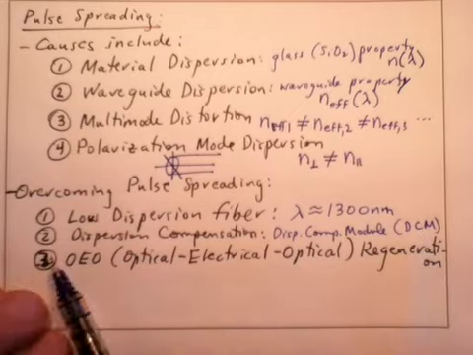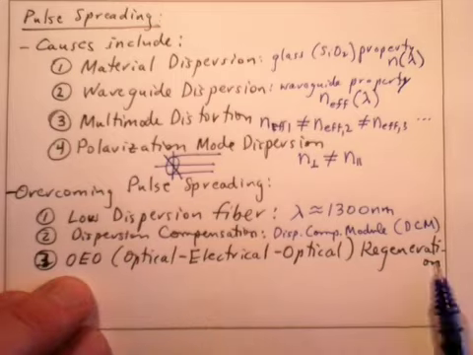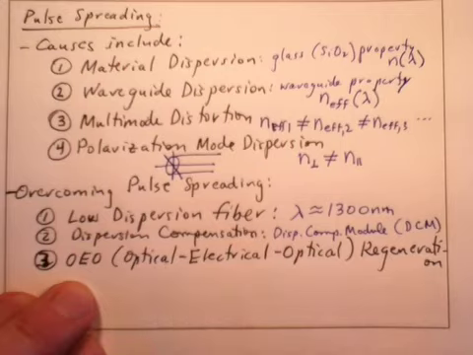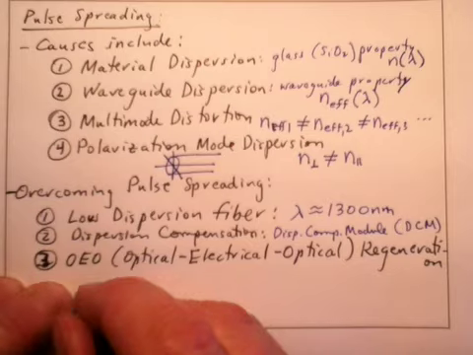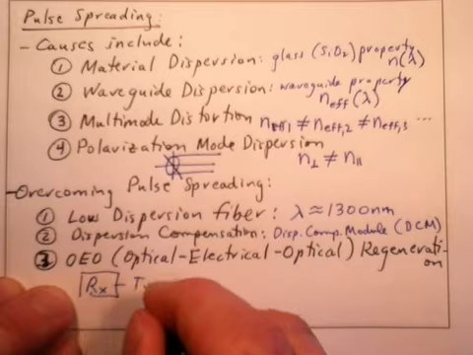We can also, sort of the ultimate is to do an OEO regeneration. OEO stands for optical, electrical, optical. And in this case what we do is we have a receiver and another transmitter back to back.